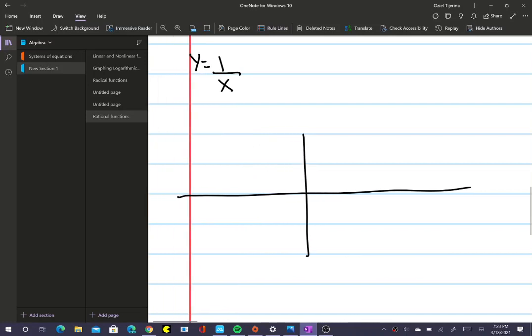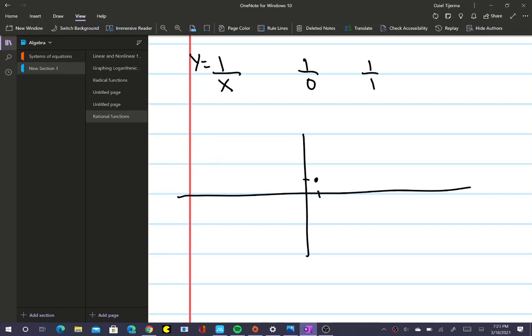If we go ahead and say, well, we know that 1 over 0 is undefined, so we're not going to have anything there. If we say 1 over 1, of course, that would just be 1.